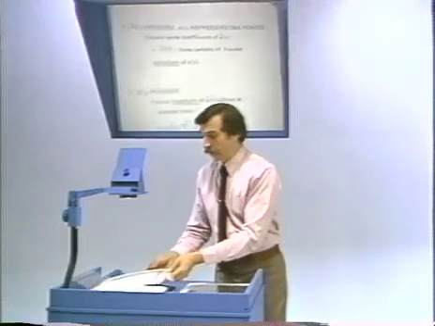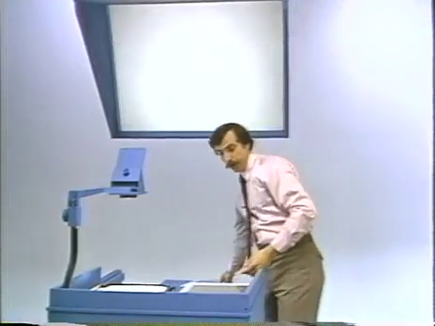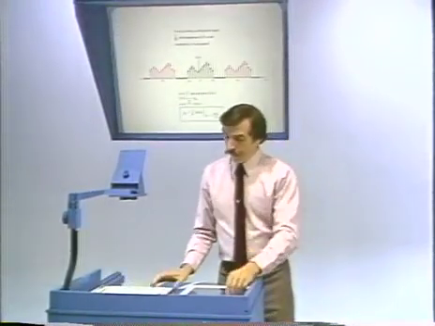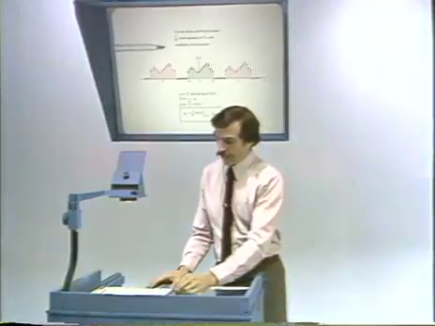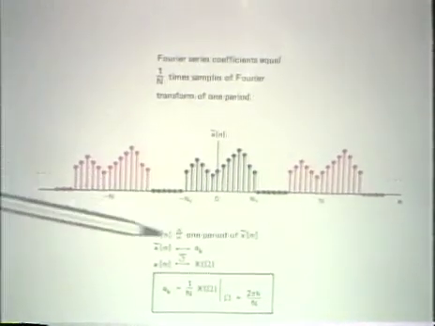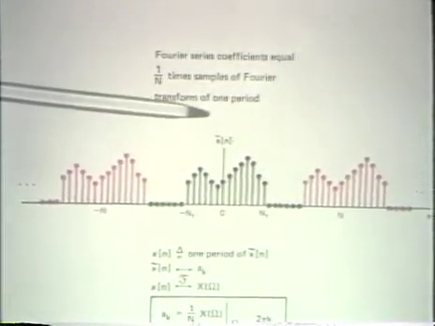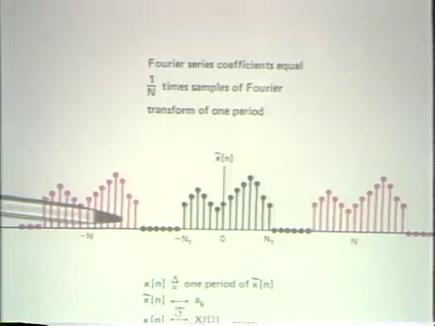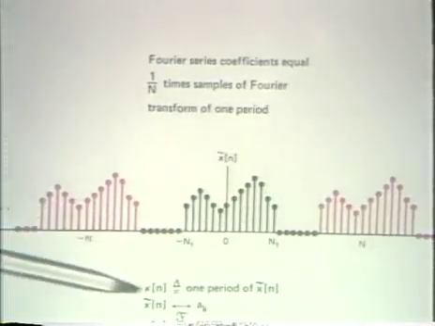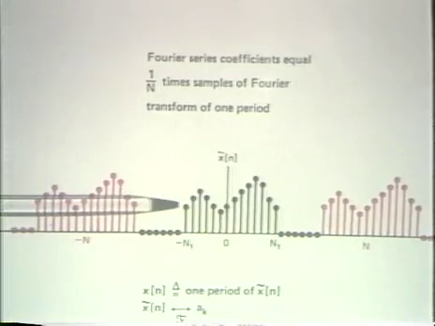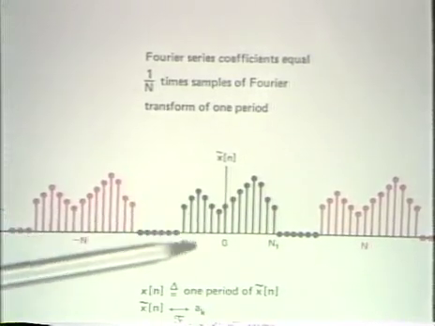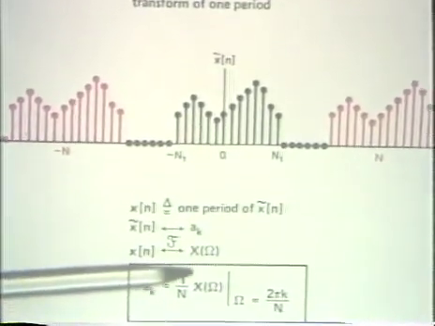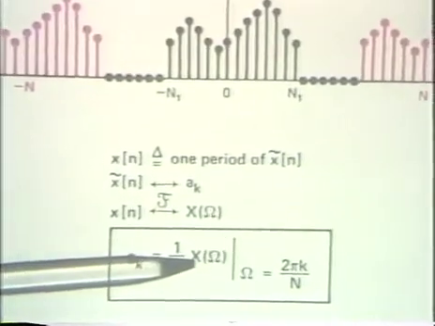Okay, so once again, if we return to a periodic signal and we consider the Fourier transform of one period, the Fourier series coefficients of this periodic signal are in fact samples, as stated mathematically in the bottom equation, samples of the Fourier transform of one period.